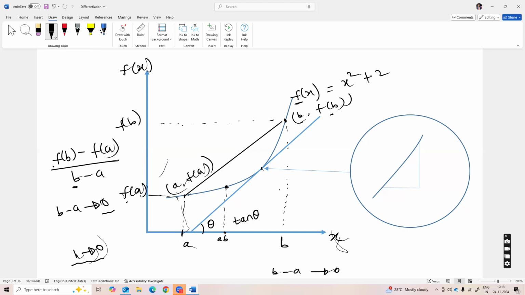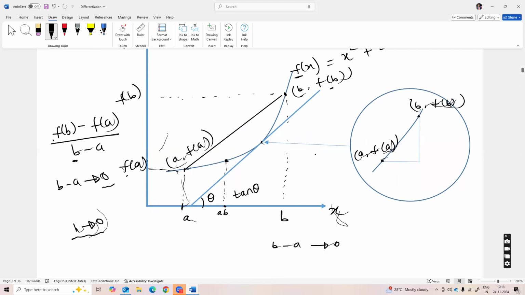then b comma f of b and a comma f of a come so close that the line connecting these 2 points will almost overlap with the tangent to this curve.